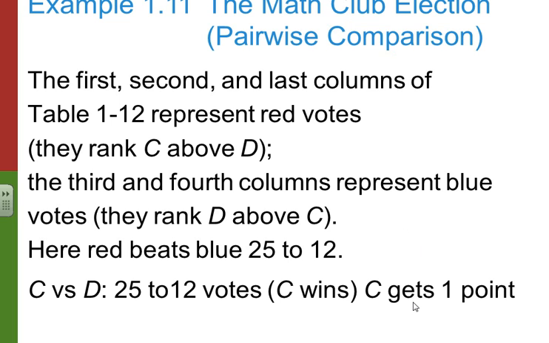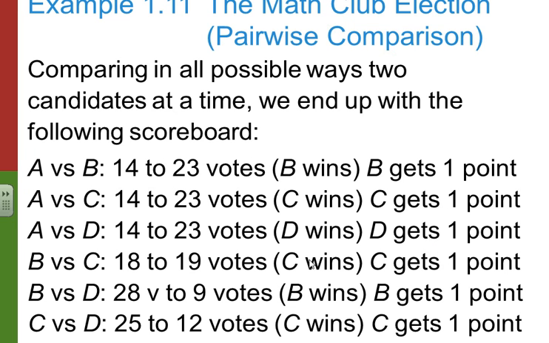It looks like we're only giving one lousy point for being ahead. Yeah, that's what it looks like. All right, so A to B, B gets a point. A to C, C gets a point. A to D, D gets a point, and so on. And when we get done, C wins the election. It has 3 points.